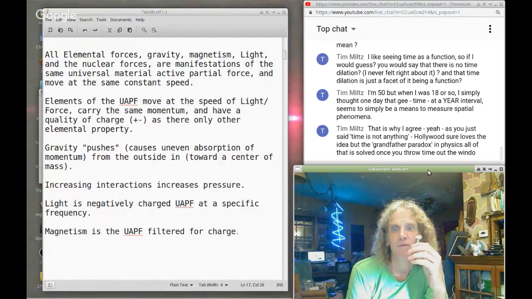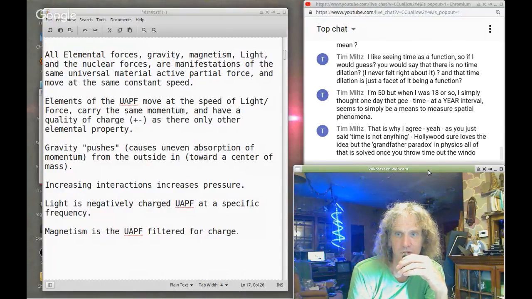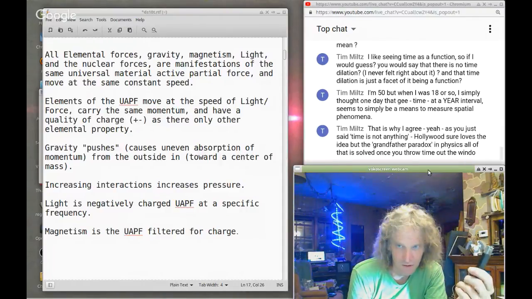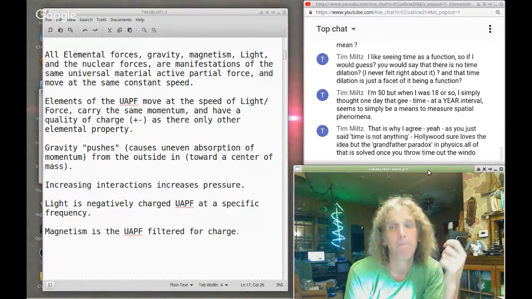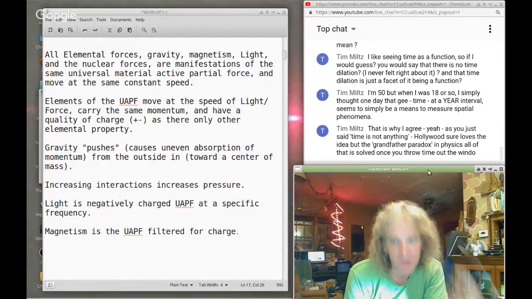I never felt right about it. And time dilation is just a facet of it being a function. Again, there's no time dilation. There's just broken measuring devices.